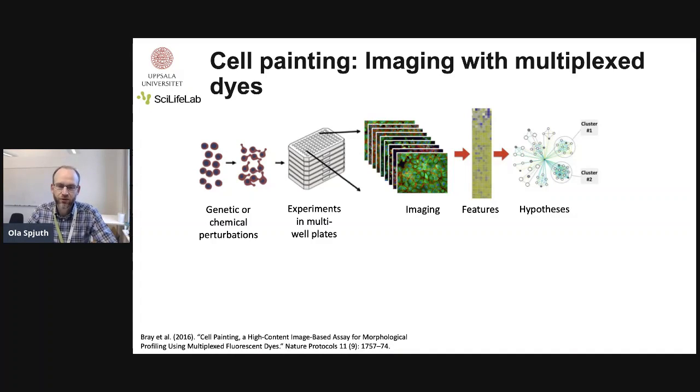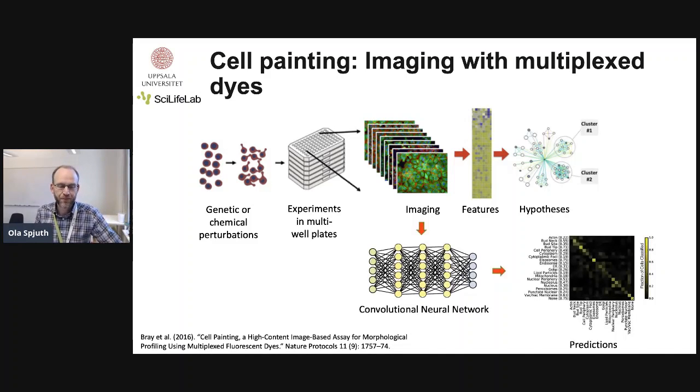And then we can do traditional image analysis, segment cells, do single cell calculation of morphological features and do some clustering. Or, what's been shown to be very successful, is also to use these images directly in deep neural networks, commonly in more supervised settings, so that we can make predictions.